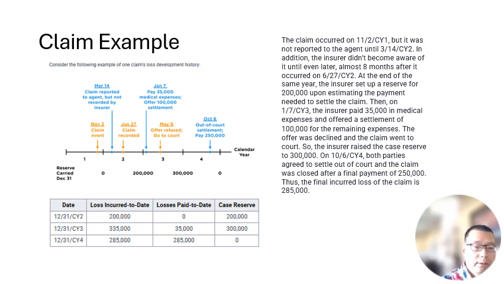And in the fourth year, there's no more case reserve because the case is settled, and they pay an additional 250,000. So the total loss paid to date is 285,000, and this is also the loss incurred to date, 285,000. Hope this example clarifies the concepts of loss incurred to date, loss paid to date, and the case reserve.